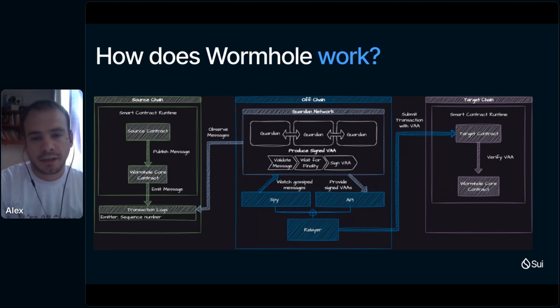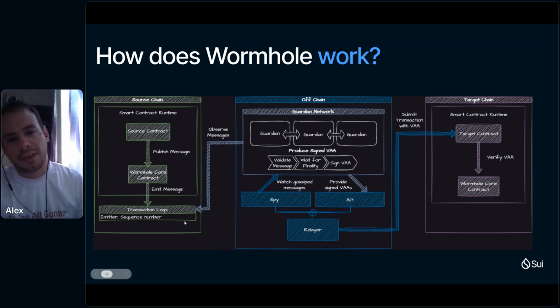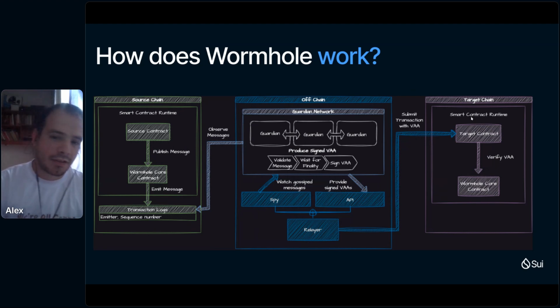They're validators that sign every message, and then you can check the signature and make sure that the message was never tampered with during the transmission. So you have a contract that tells a Wormhole core contract to send a message, and then you have a relayer that will submit this to the target contract, and then you can use the Wormhole core contract again on the target chain to verify that everything is okay.